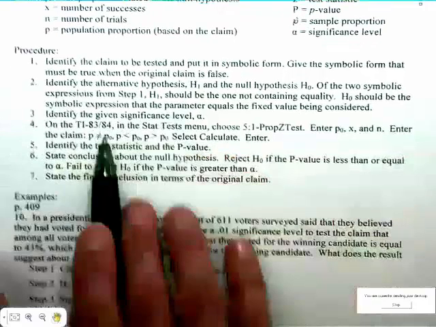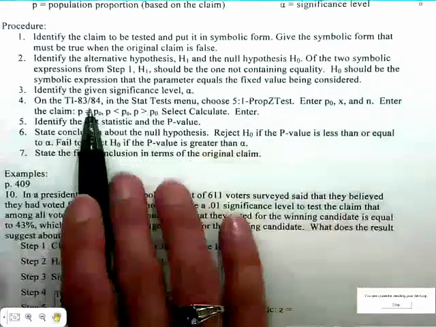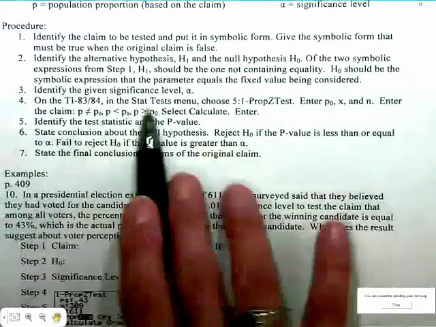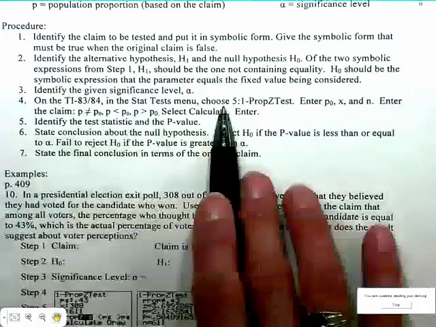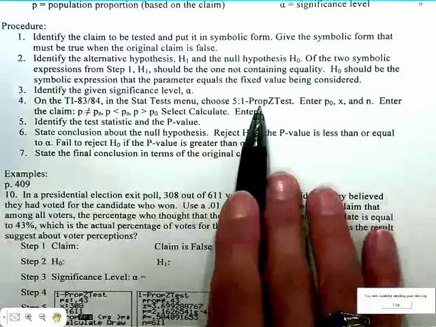On the TI 83 or 84, go to Stat, Test, and if you're making a claim about a population proportion, choose one prop z-test.